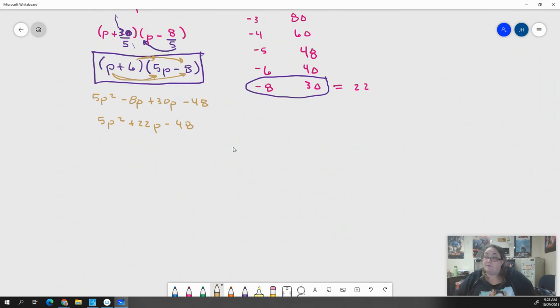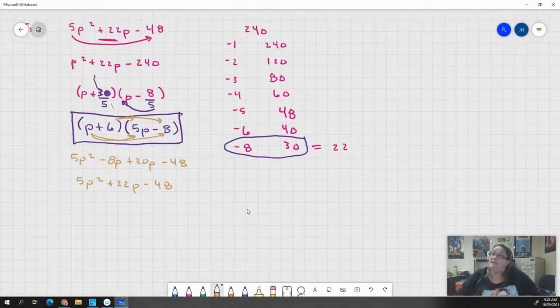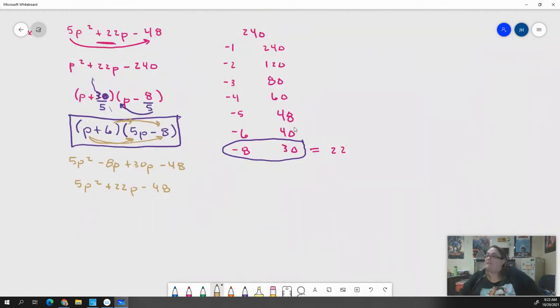If it's positive, your bigger factor is positive. And if you think about it, it makes sense because you're adding these factors together to get that middle term. So if your bigger factor is negative, like if this was -48 plus 5, we would wind up with -43. So we would have a negative term.